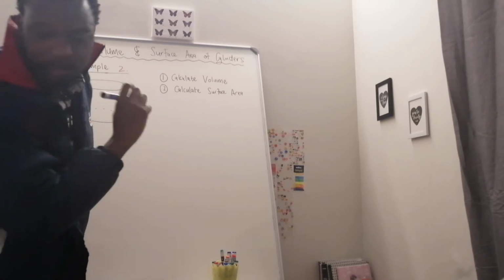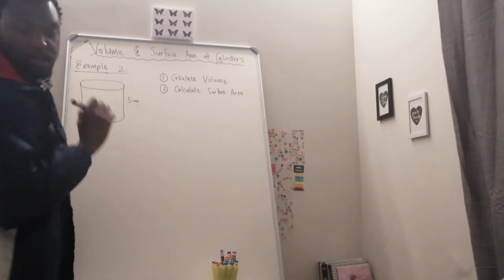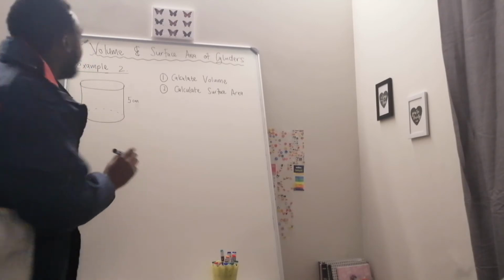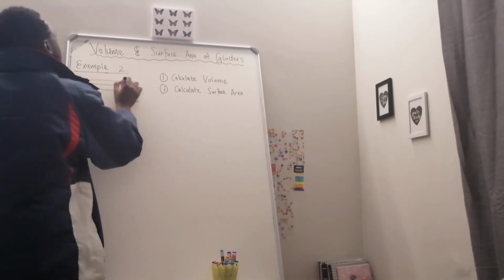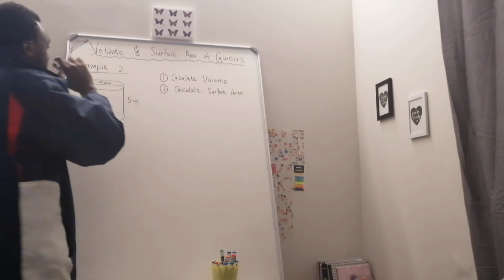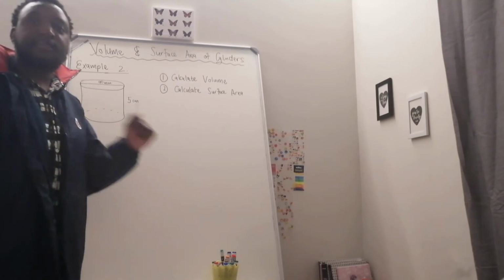What is my height? My height is 5 centimeters. What is my radius? We're not given radius again, but we're given diameter, 90 millimeters. Alright, so it's pretty much like the first example.